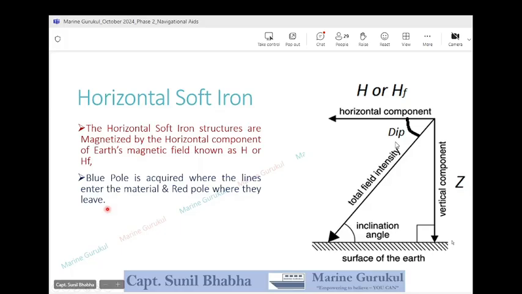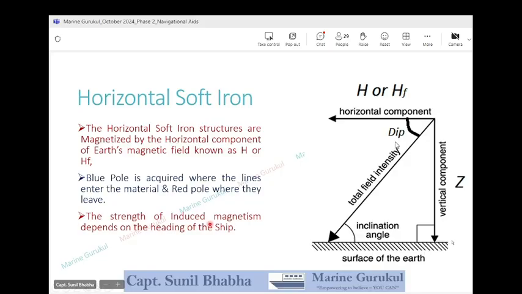Going to the forward end of the fore and aft longitudinal, the lines of force will be coming out from the forward end. So the forward end of the longitudinal will acquire a red polarity. So this is the meaning of the second sentence. A blue pole is acquired where the lines of force enter the material, and a red pole is acquired where they leave the material.